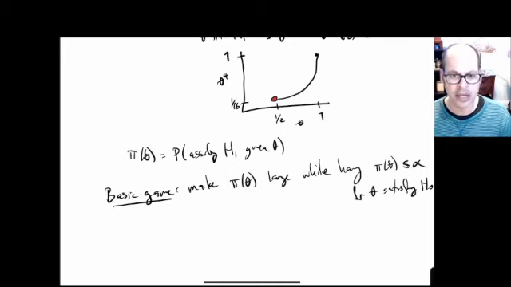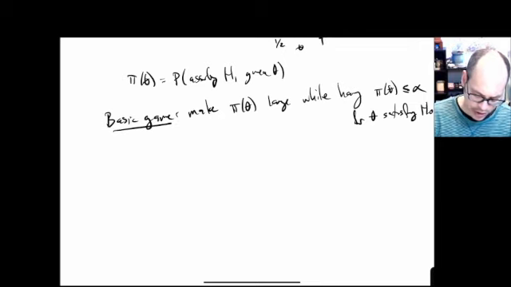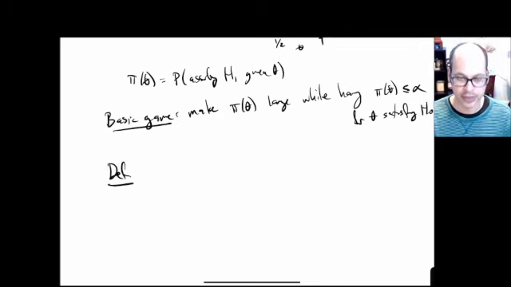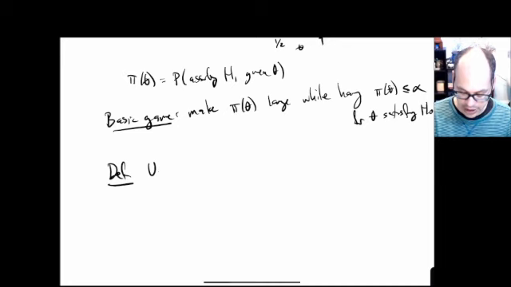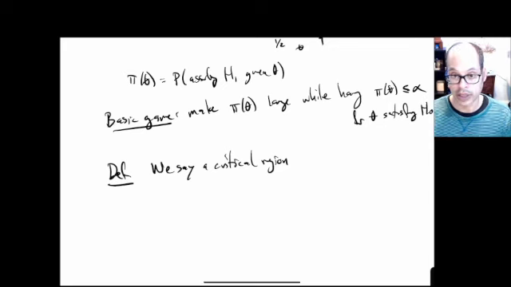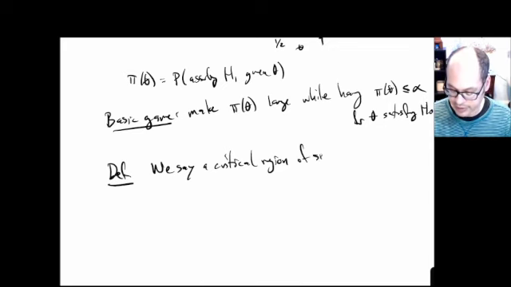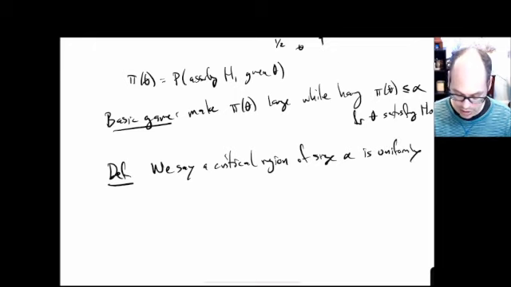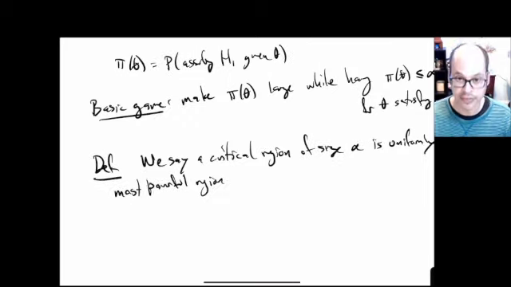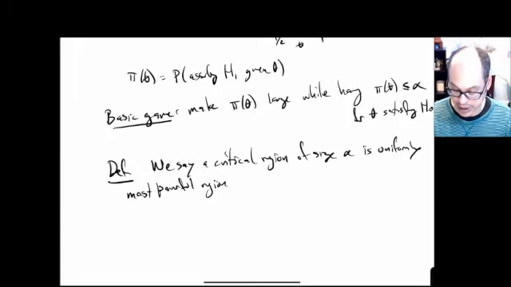But okay, so now the dream would be the following. So we say that we have a critical region, or really a test therefore, of size alpha is a uniformly most powerful region if of size alpha.